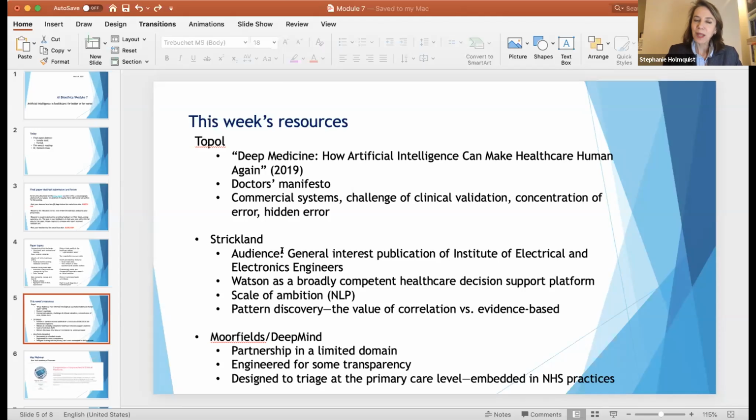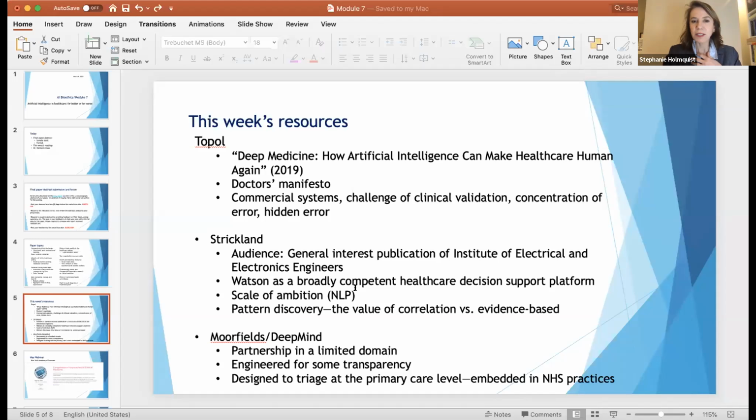So the thinking of the publishers here was in that general interest publication, the IEEE's Spectrum magazine, that that audience would be interested in a kind of autopsy of the Watson experience. The IEEE publishes a number of peer-reviewed academic journals, but they thought that engineers on their time off, when they're keeping up with things of interest to engineers, would want to be reading that, and I think that's right.